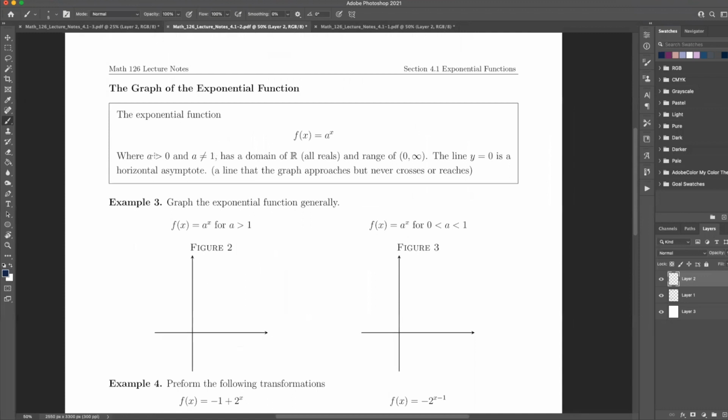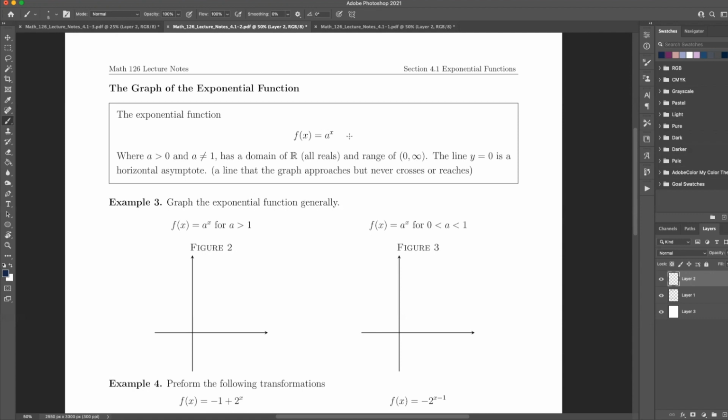If a is greater than 0, the graph of it, which we just did two of, has a domain of all reals. So you can plug in any real value for x and still get a value. The range will be from 0 to infinity. As long as a is greater than 0, there is no way to get 0, so it doesn't include 0, but you can get really, really small numbers.